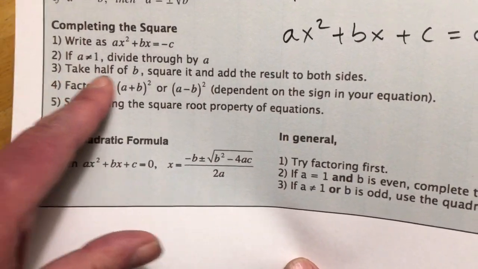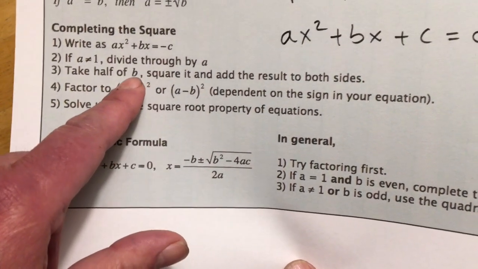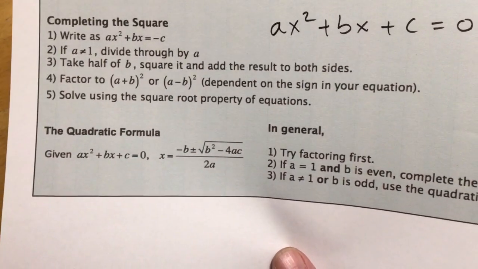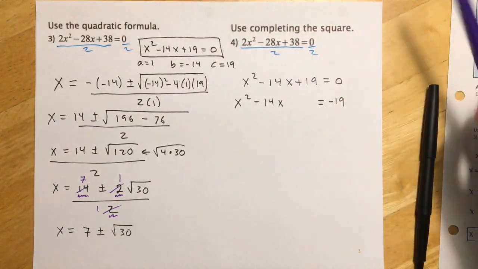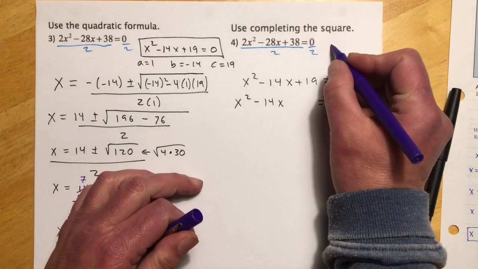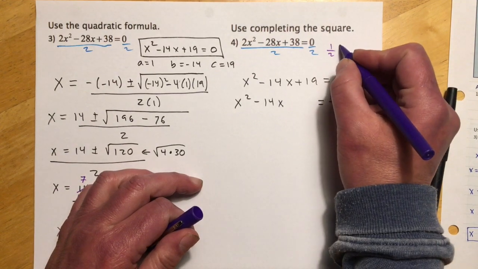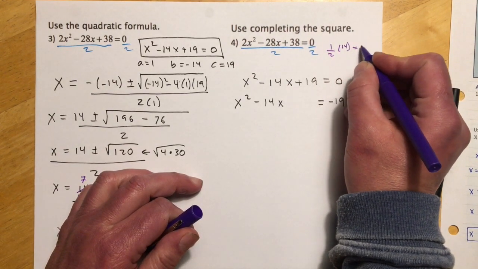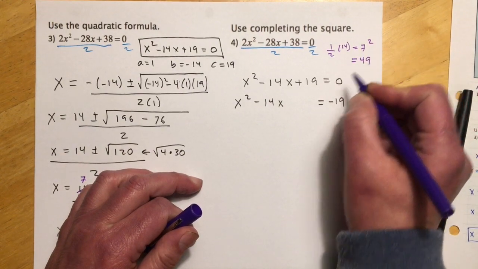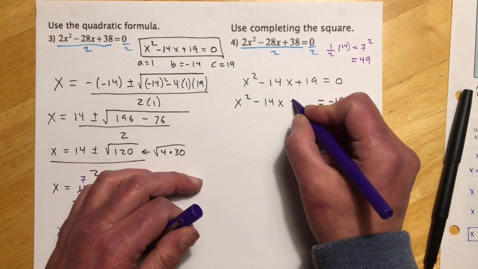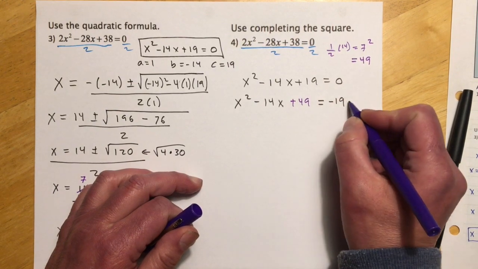So it's where we take half the middle term, or half of b, we square it, and we add that result to both sides. So what we're doing is we're taking half of 14, and that would make 7, and then we square that, and that would make 49. And then that's what we add onto both sides, and I'll explain why in just a second.